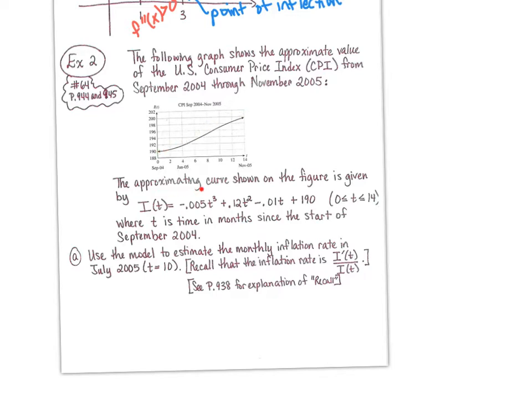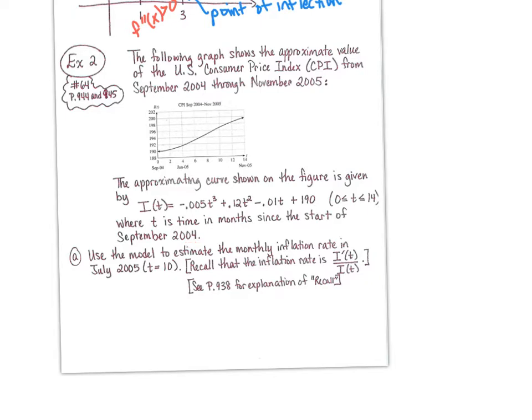The approximating curve shown on the figure is given by I of t equals negative 0.005 t cubed plus 0.12 t squared minus 0.01 t plus 190, on the closed interval t greater than or equal to 0 but less than or equal to 14. So that's your domain, 0 to 14, where t is the time in months since the start of September 2004.